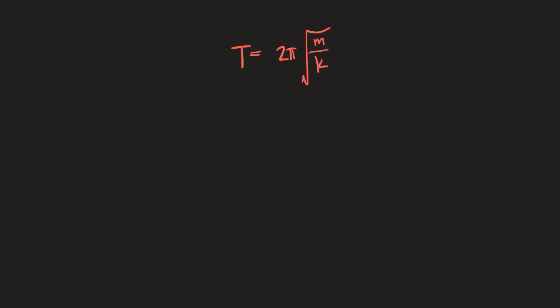So I'm first going to divide both sides by 2 pi. I'm going to square both sides. And I'm going to cross multiply to solve for k.